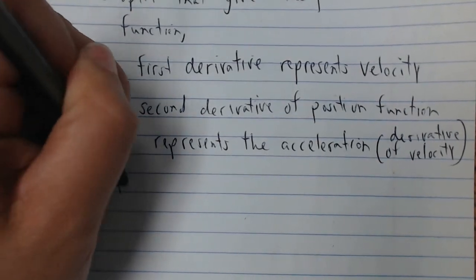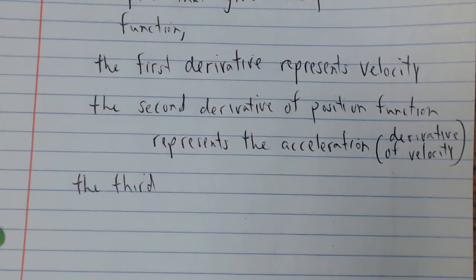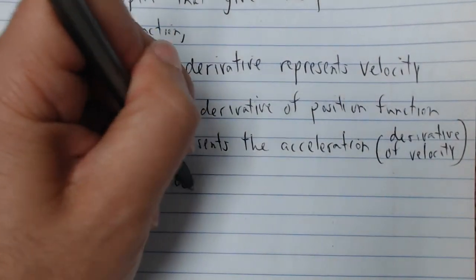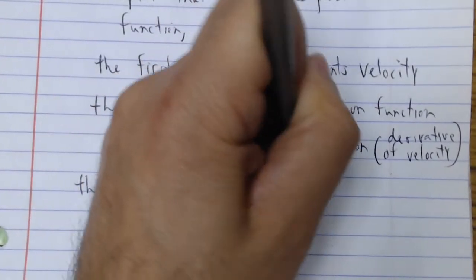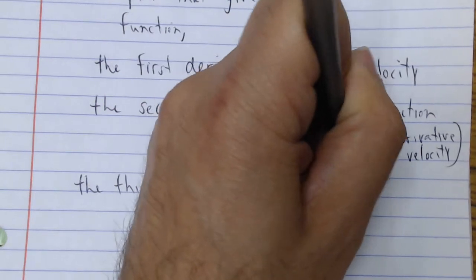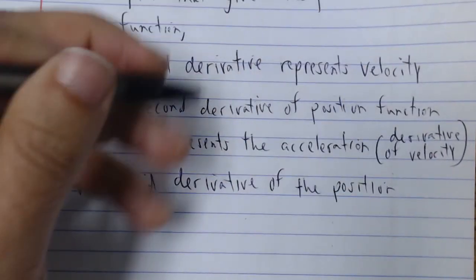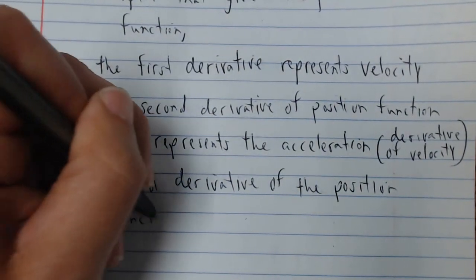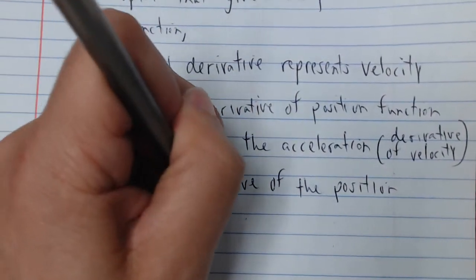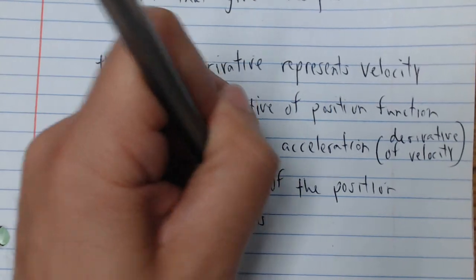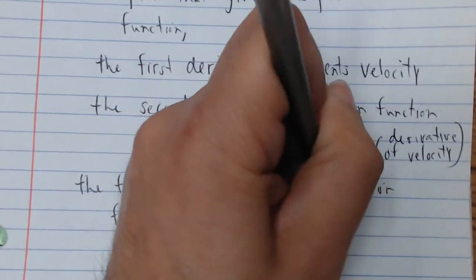The third derivative is kind of harder to think about. What we could say is that the third derivative of the position function represents the jerk.